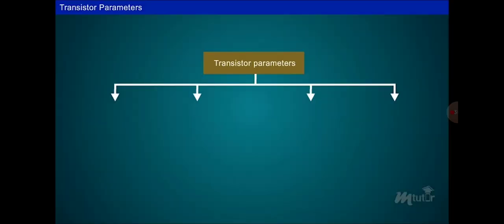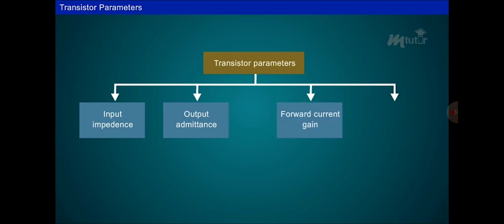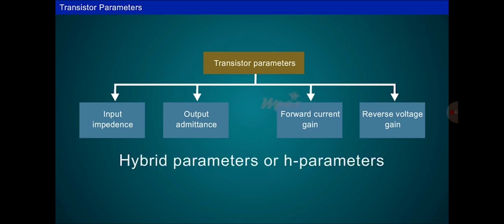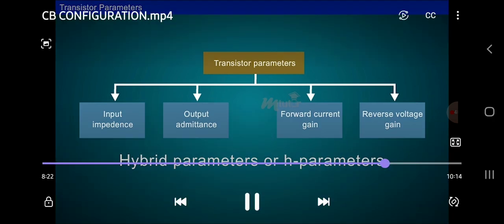The slope of the CB characteristics gives the four transistor parameters, namely input impedance, output admittance, forward current gain, and reverse voltage gain. They are commonly known as common base hybrid parameters or H parameters.